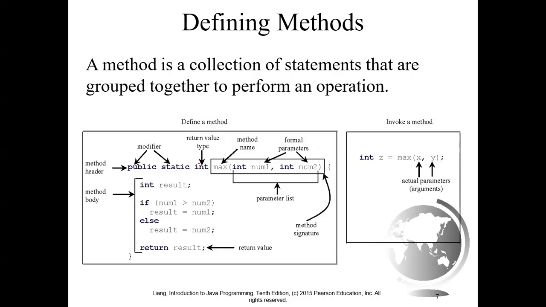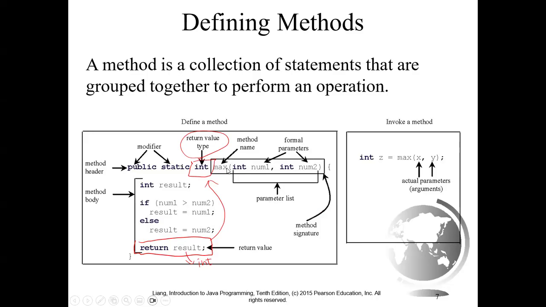And the second one, integer, it's really important because it's referring to the return type. If this method is not void, that means it should return something, which is at the end of the line. That means the result should be an integer. And we have our method name after the return type, that is max.